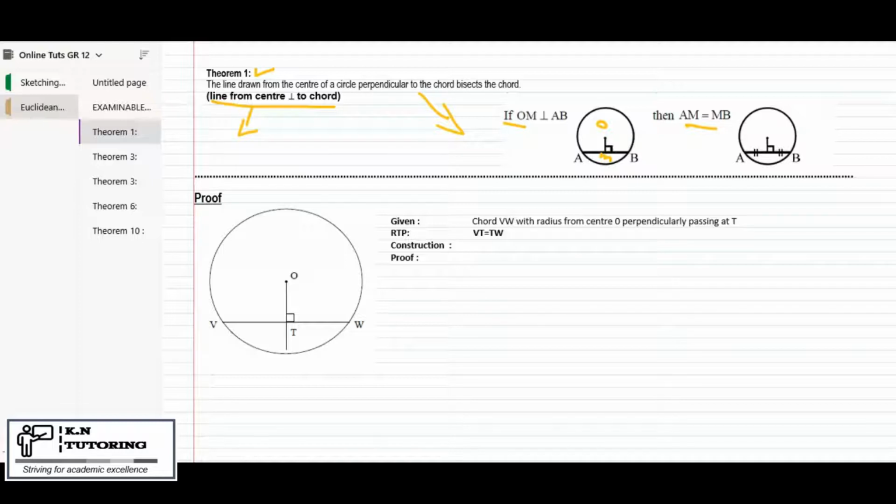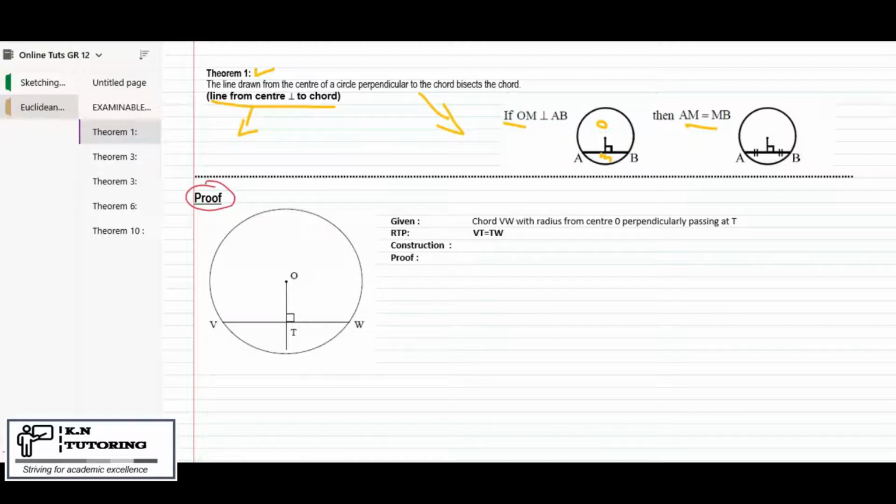Then we'll go to your construction and come to a proof that VT is equal to TW, which is the main priority for this proof. Let me get another pen so that we can see how we do the proof. The main focus for today is all about proving.